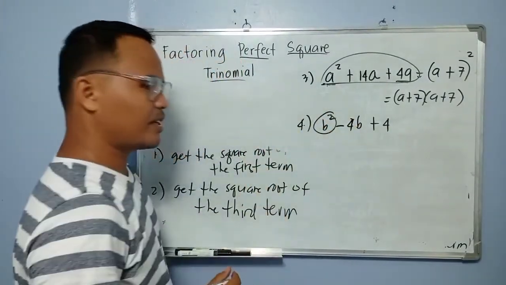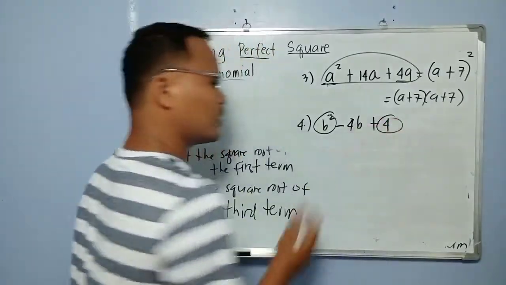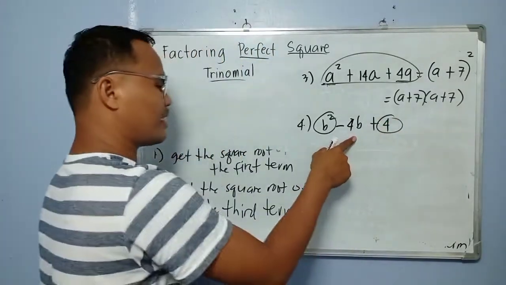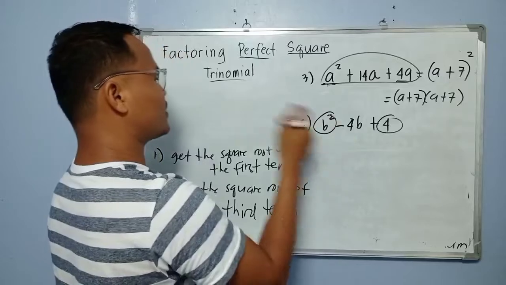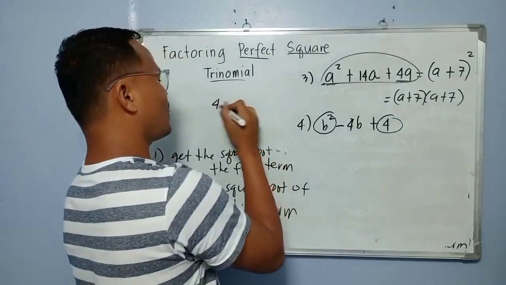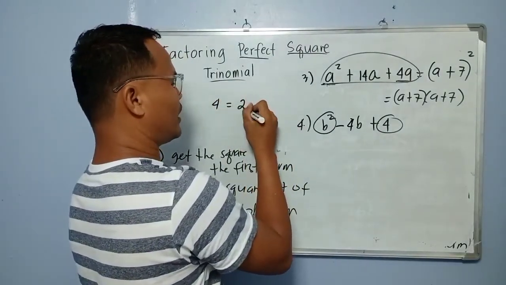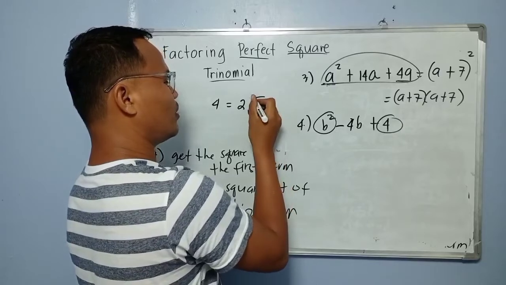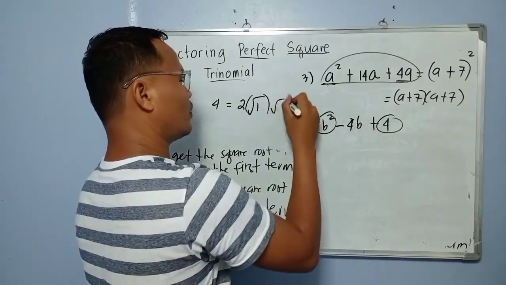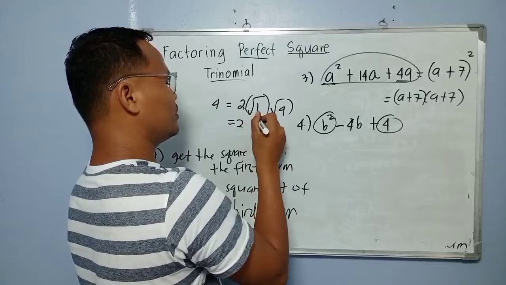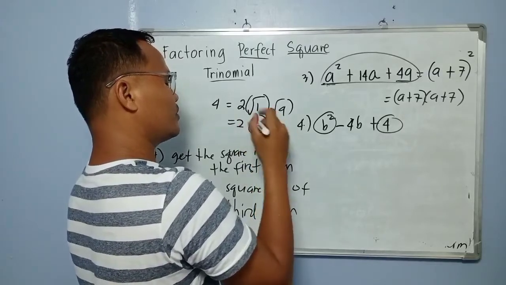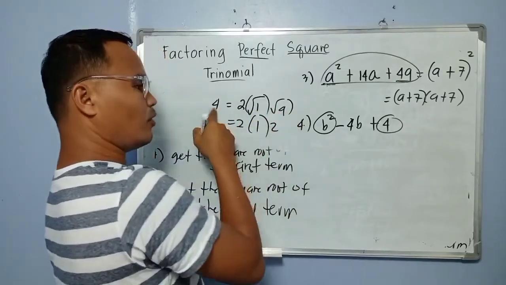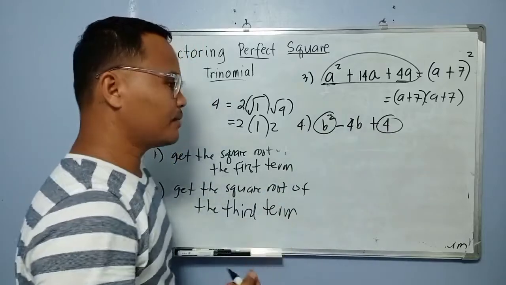Is b squared a perfect square number? Yes. Is 4 a perfect square number? Yes. Let us check the second condition for the coefficient. The coefficient is 4. It is twice the square root of 1 times the square root of 4. So you have 2, square root of 1 is 1, square root of 4 is 2. Multiply, the result is 4. So this is a perfect square trinomial.